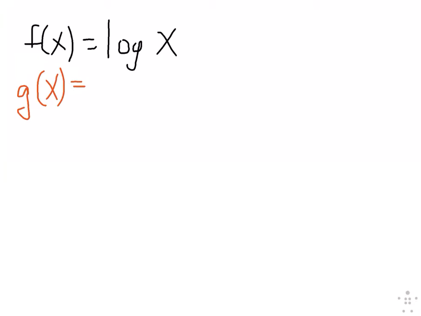It's going to say f of x equals log x, and g of x equals log, parentheses, negative 1/2 x. Again, the directions are going to be describe the transformations that take place, then sketch each graph.